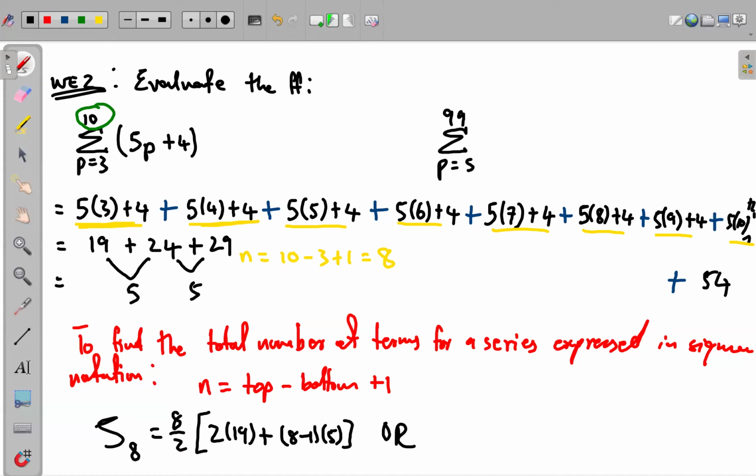Or you want to go, well, since I know the last term, Sn will be 8 over 2 into a, the first term, plus the last term of this particular series. And then you just punch this in the calculator, and then you'll tell me what you get there. But I get something like a 292. So it's really up to you which one you want to use.